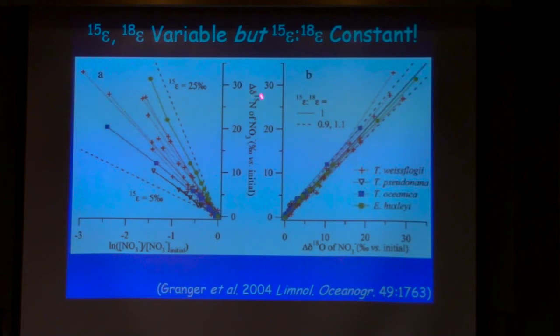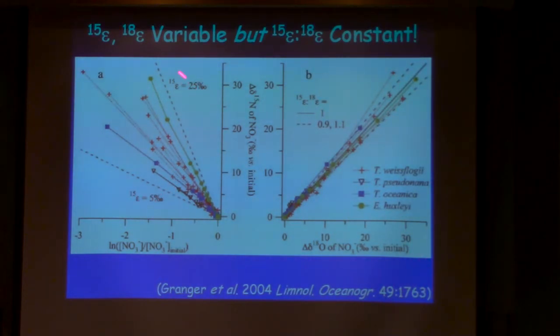It's basically the delta 15N value of nitrate, a change in the nitrogen from the initial value against the log of the concentration, basically the amount utilized. And here's 5 per mil, here's 25 per mil, kind of in the middle of the isotope fractionation associated with nitrate reductase. So we got nice relationships between all of these, but the slope varies a lot.